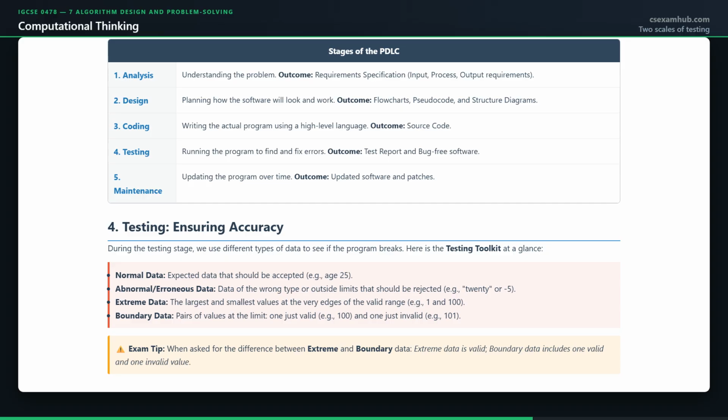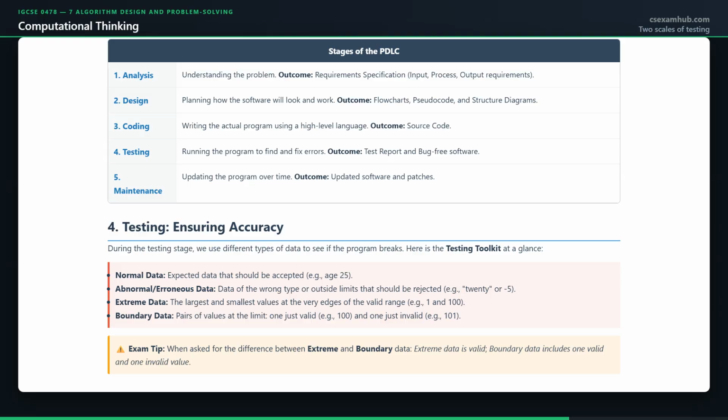The point is to catch a fault while the code that caused it is small and you still remember writing it. Final testing is done after development, when all the modules are combined. The complete program is tested against the original requirement specification from the analysis stage, and both are necessary for a reason worth understanding.